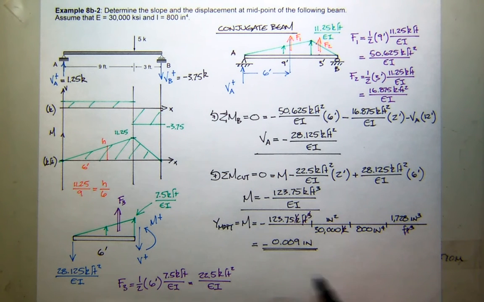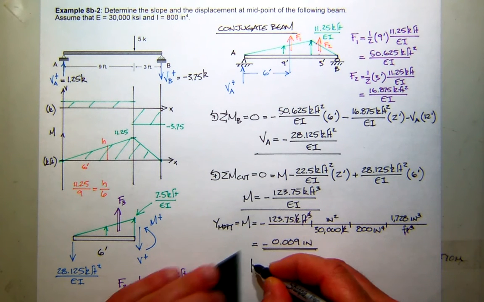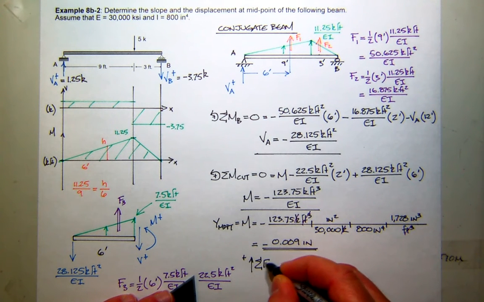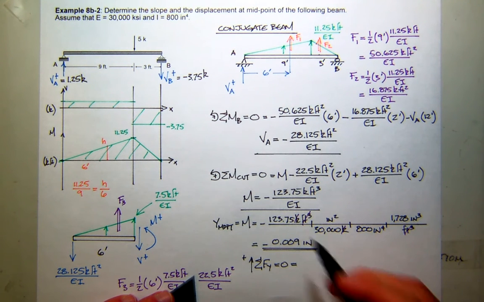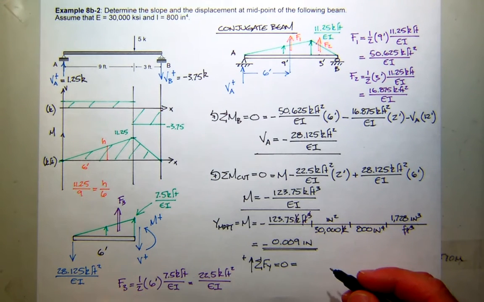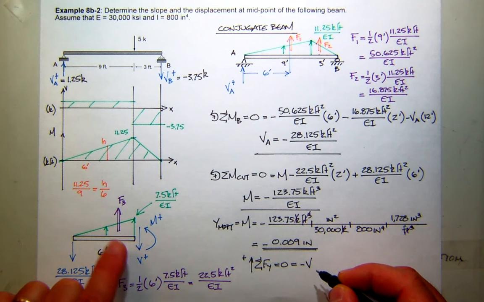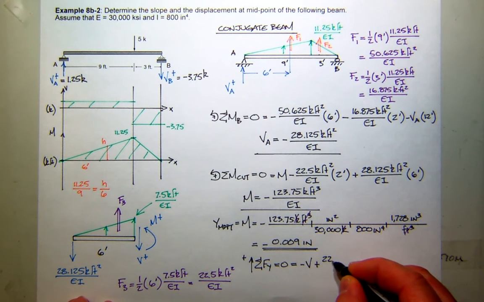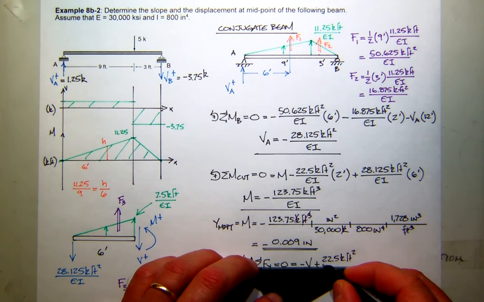I'm going to try to squeeze in down here the remaining part, which is we need to sum the forces to find our shear value, which of course maps to the real beam as the slope. So looking at our diagram for shear, I've got the shear force acting down. I've got my load 3 acting up, so that'll be plus 22.5 kip feet squared over EI.